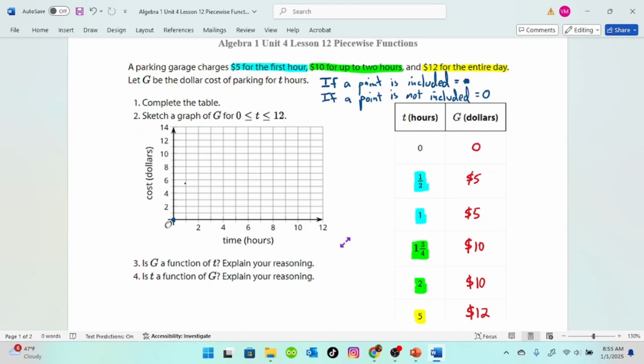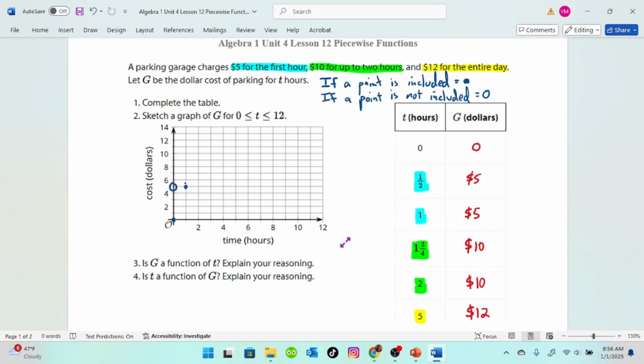So we're going to start at the 0, and we're going to go up to $5, and we're going to put a hollow circle. And this is because we're not including 0 hours here. We included 0 hours at $0. And this will go all the way up to 1 hour.